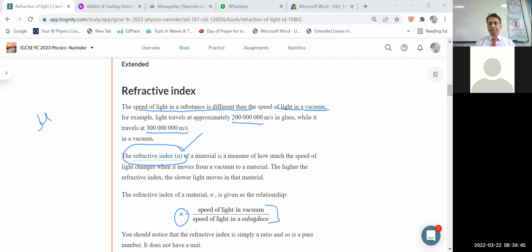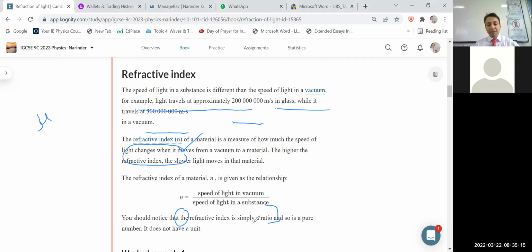It is given by n equal to the speed of light in vacuum divided by the speed of light in some substance, in some medium. It may be in water, in air, in glass, or in a diamond. There are different kinds of materials available. So n equals the speed of light in vacuum divided by the speed of light in a substance.